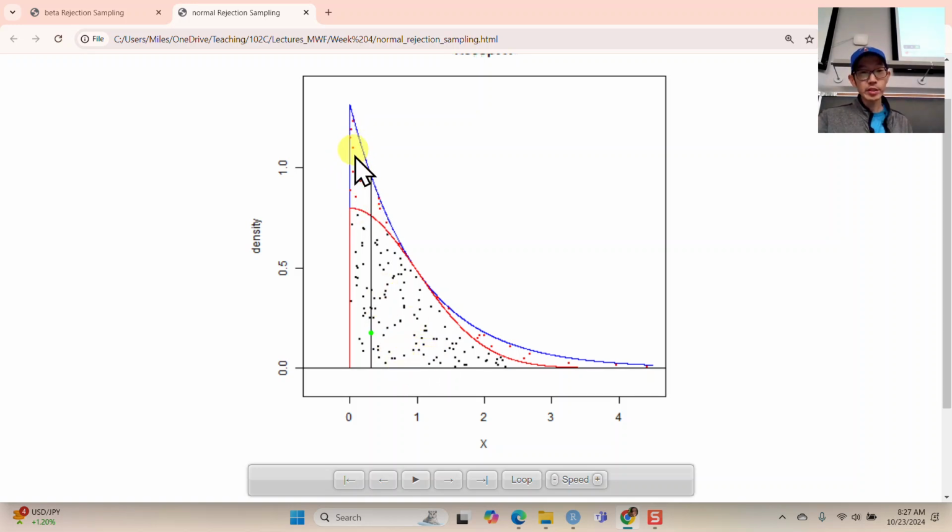These red dots get thrown away, so even though they got proposed according to the exponential distribution, we don't accept them, okay? And so therefore, the dots that we do accept follow the desired distribution.